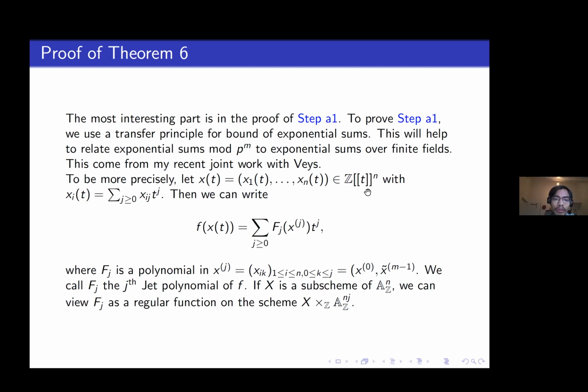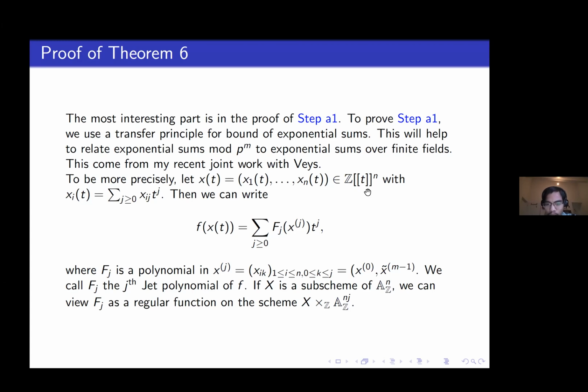I will write for a tuple x_t in G_t power n, x_1t to x_nt, with x_it equal to the sum of x_ij t power j, where x is in the ring. Then we can write f(x_t) equal to the sum of f_j(x_j) t^j, where f_j is a polynomial in variable x_j with the tuple i_k with the condition.